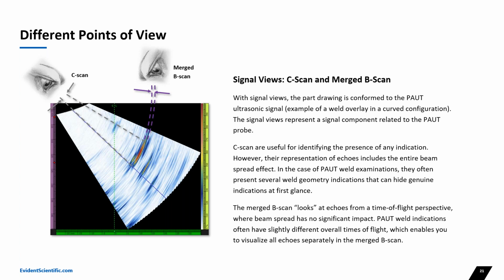But on the sound path axis and looking perpendicular to the propagation axis, this is our new merge B-scan. Now, if you're looking at only one B-scan, you're looking at only the slice. If you're looking at the merge B-scan, you're looking at the same perspective, but combining basically all of the data points that are perpendicular to the propagation axis in respect to one another.